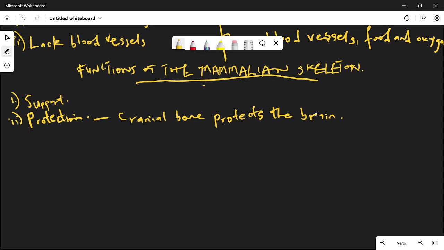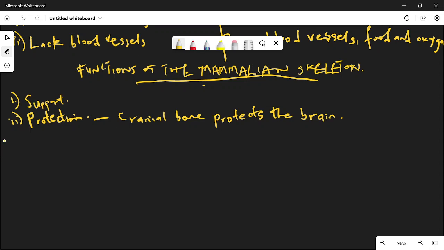So that is one way. The cranial bone is also a bone in the skeletal system. That is one way through which it protects internal structures. So if not for the function of this skeletal system, internal structures would easily experience what we refer to as mechanical damage. So that is another function of the skeletal system.